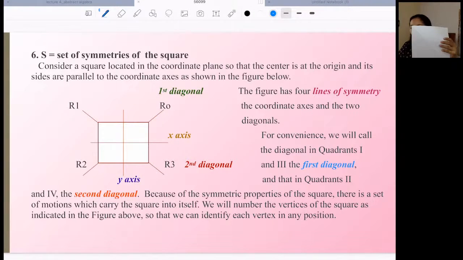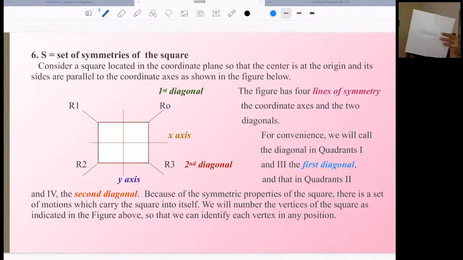Let the square be located in the coordinate plane so that the center of the square is at the point of origin, and the sides are parallel to the coordinate axes, parallel to the x-axis and parallel to the y-axis.